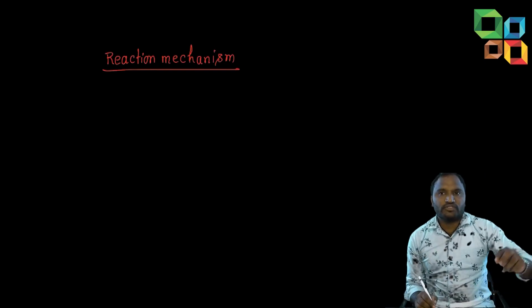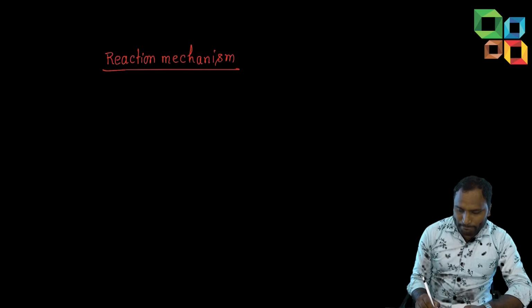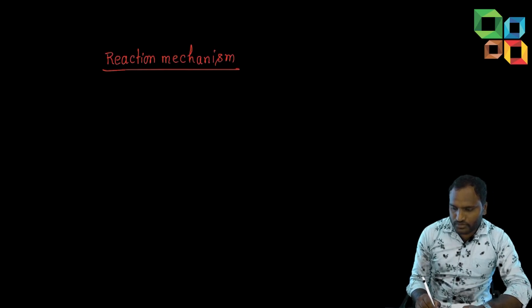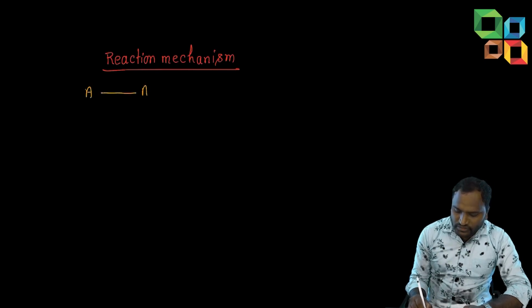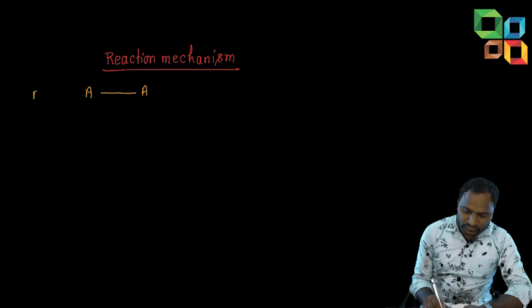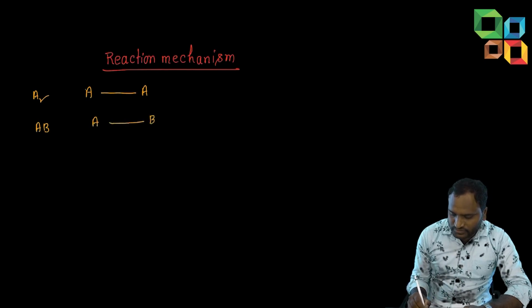All of you stop writing, students. In A2, the bond will be like this. If I take an AB molecule, the bond will be like this.